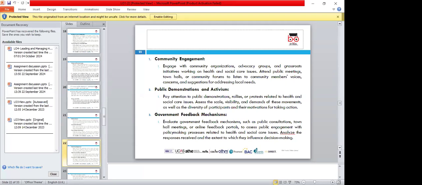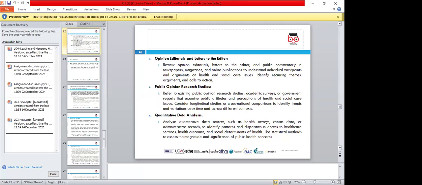Some may be town hall meetings, some may be engaging policymakers. You have to analyze the responses received and the extent to which those influences affect decision making. So government feedbacks are very important. You need to pay attention, listen, and research to know the government feedbacks on issues that have been taken to the national level in terms of campaigns and protests and all that.